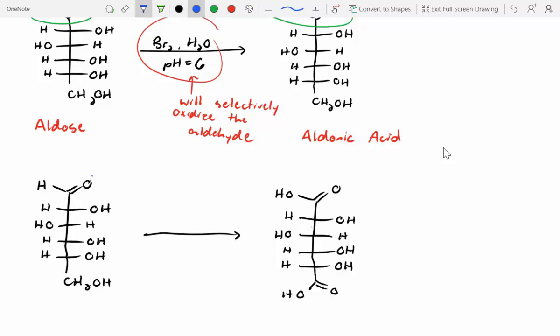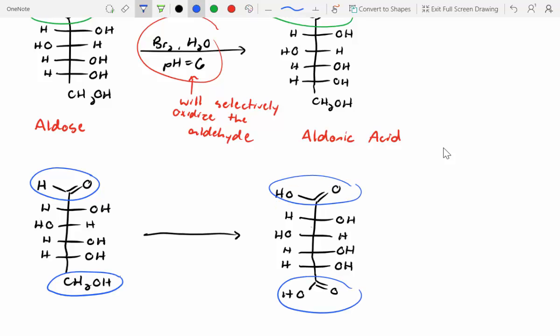So this time we've got an oxidation here and here, resulting in 2 new carboxylic acid functional groups coming off of there.